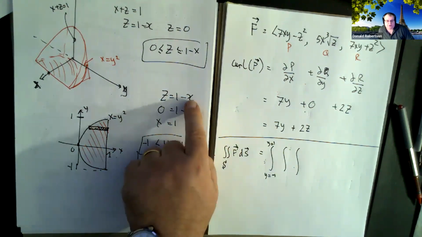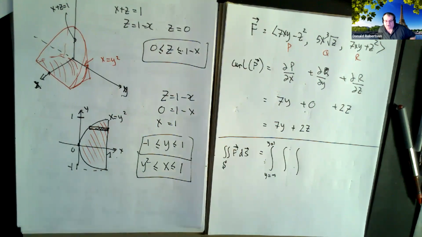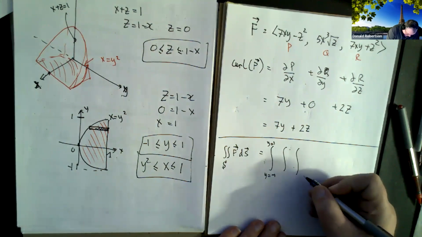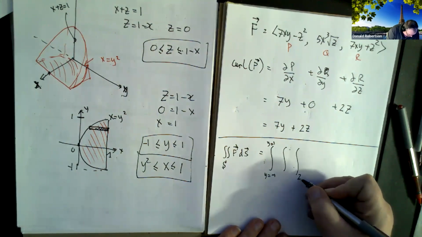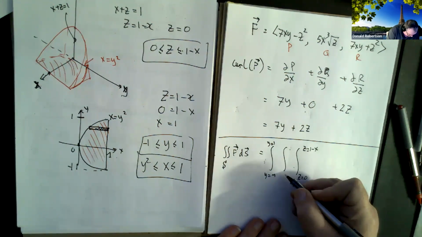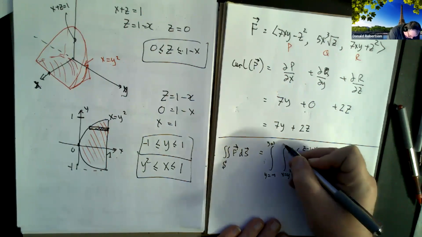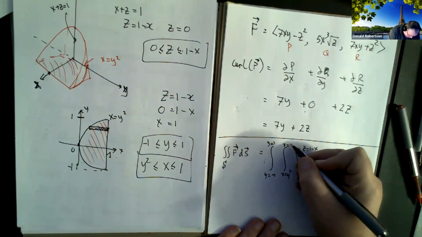Now, this one has x's in it, and these x's have y's in it, right? So how about z equals 0 to z equals 1 minus x, and then x going from y squared to x going to 1.